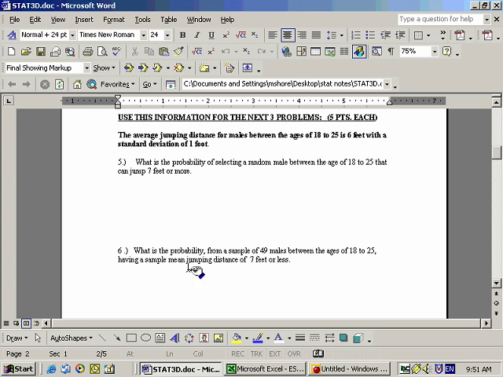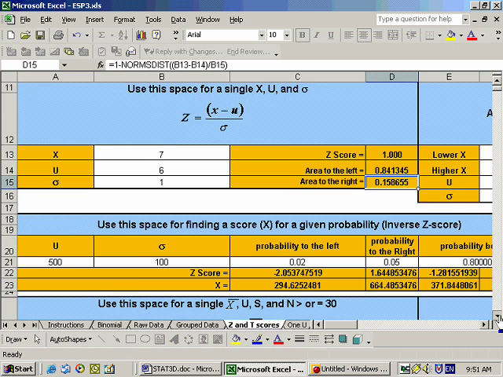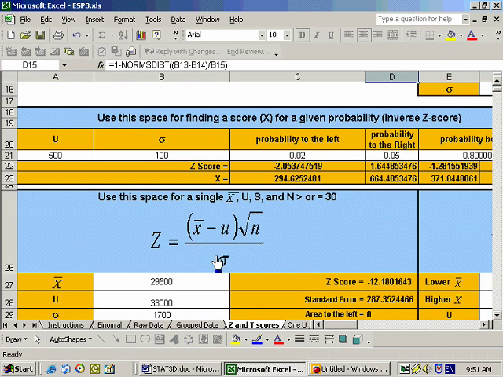On the next problem, it gives you a sample of 49 males, having a sample mean jumping distance, or an x bar, of 7 feet or less. So we're using the same information, your mu is 6 and your standard deviation is 1, and we have a large sample size, 49. So we scroll down here a little bit, and we have our z-score with the x bar in it.